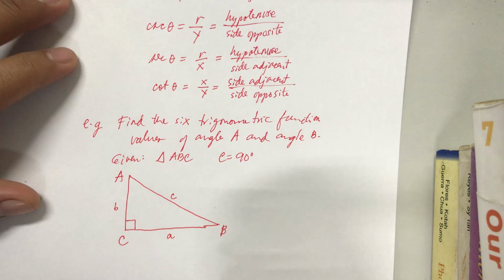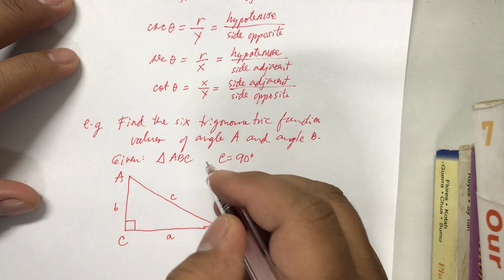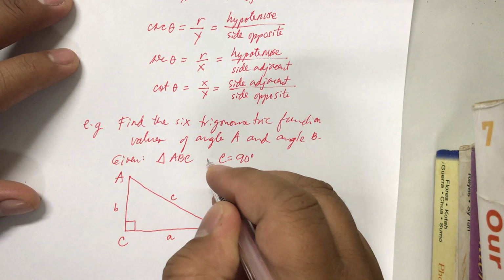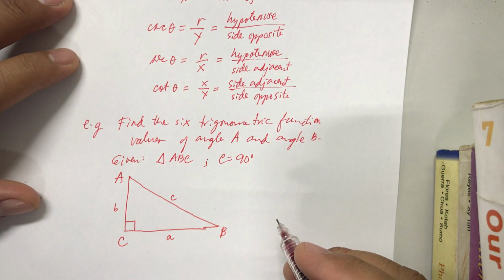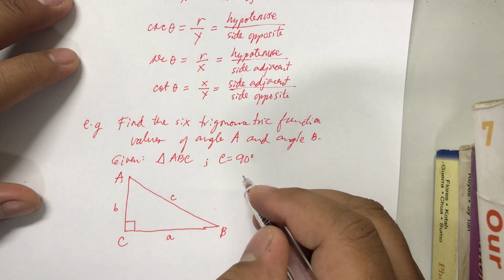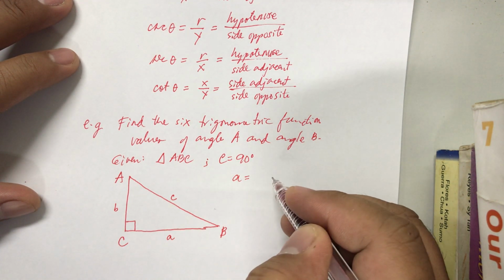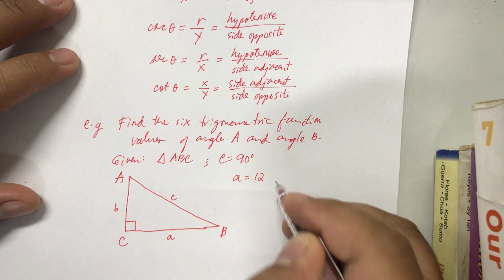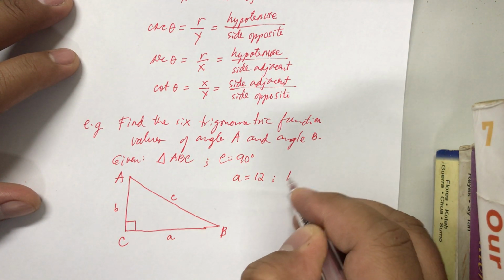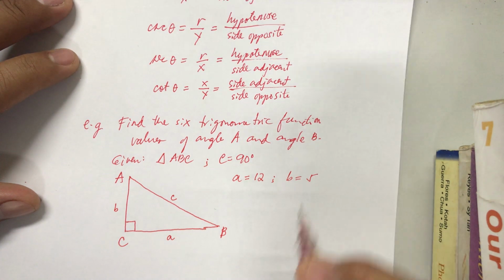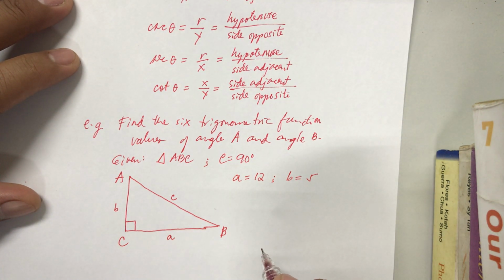Okay. Given that in triangle ABC, angle C is equal to 90 degrees, a is equal to 12, for example, while b is equal to 5.